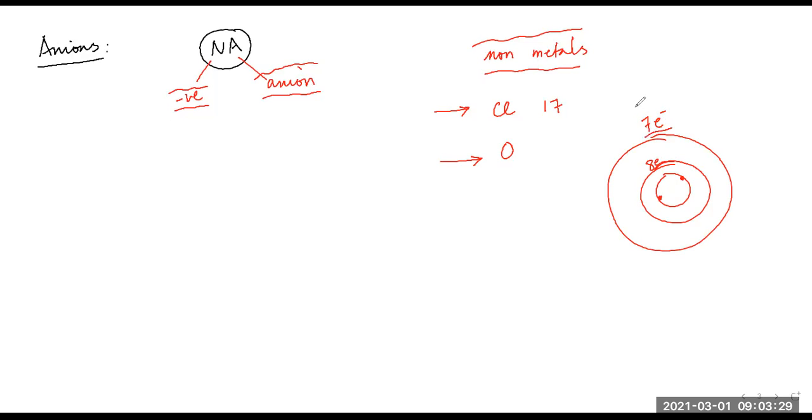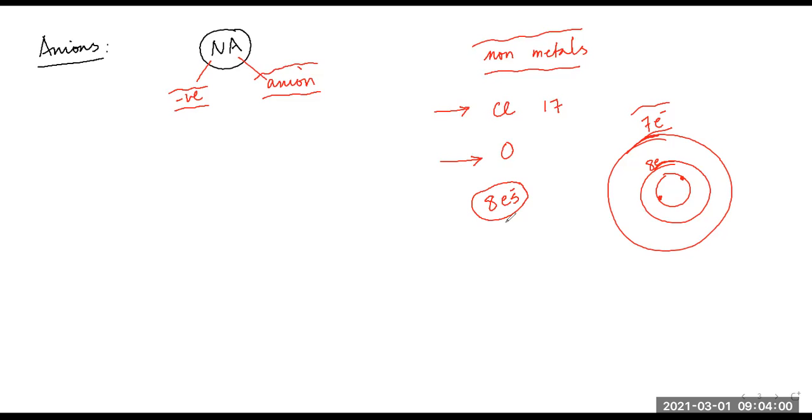So 7 electrons means, in order to complete its octet, you see, there is a kind of understanding. The chemists, for a long time, have understood that when the octet has 8 electrons, when the octet is completed, it points towards more stability, unreactive, saintly nature, nothing to give, nothing to get.